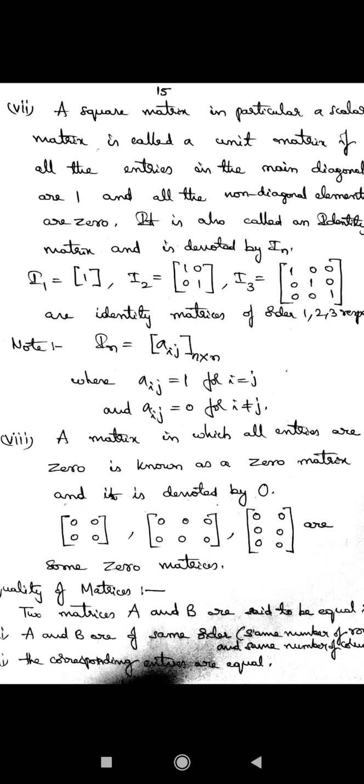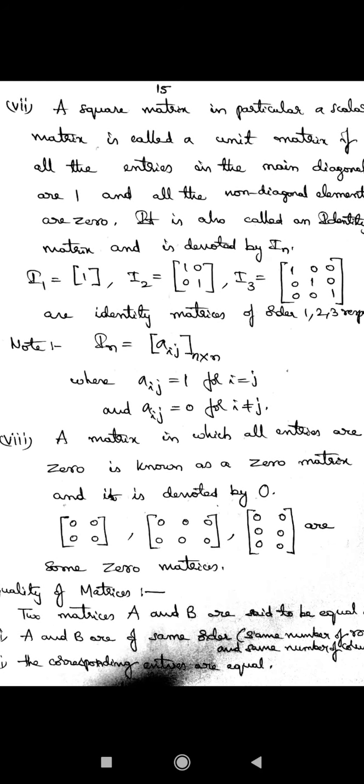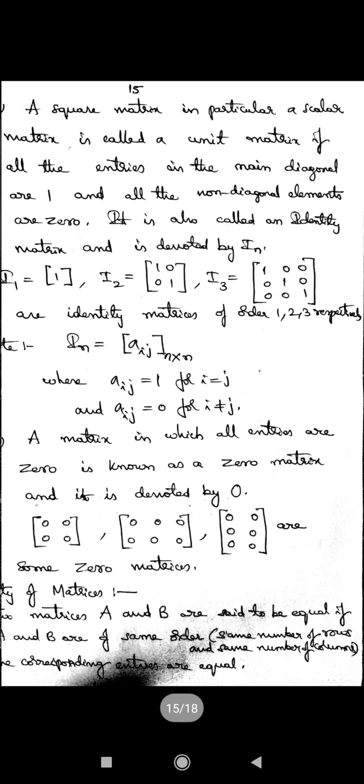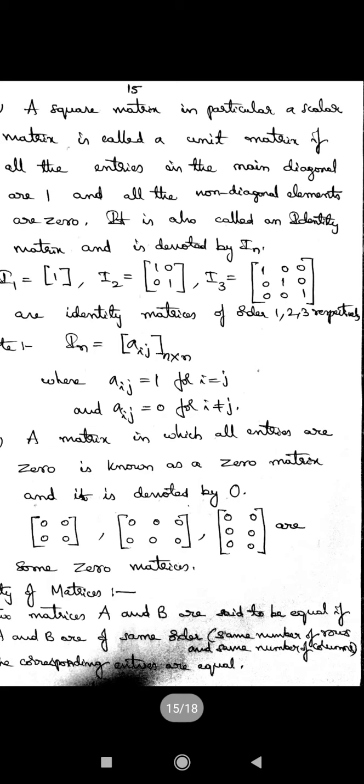And the last point to be noted down is that a matrix in which all entries are 0 is known as a zero matrix, and it is denoted by O. So far, the definitions we have come across, diagonal matrix, scalar matrix and unit matrix, should definitely be square matrices.